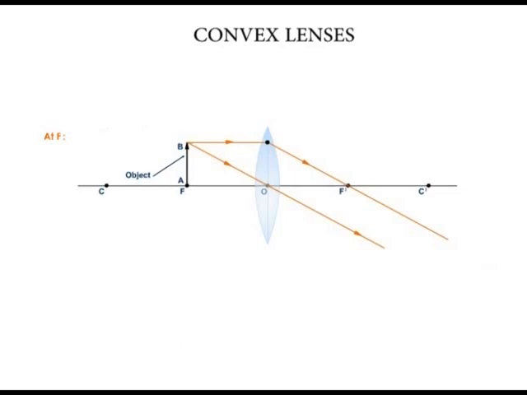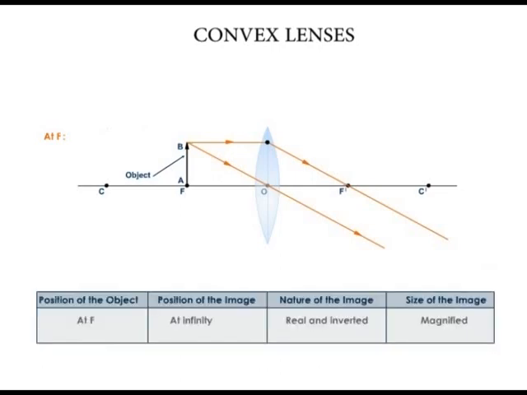Now these two rays are parallel to each other and will never meet. Thus, for an object placed at F of a convex lens, a real inverted and magnified image is formed at infinity.